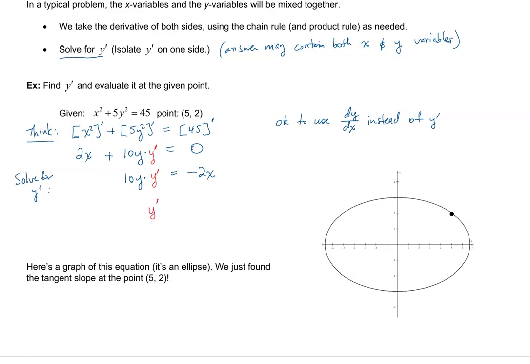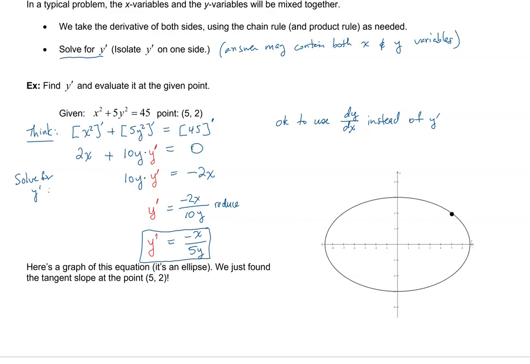So my answer would be y prime equals negative 2x over 10y. And then I can reduce a little bit, that common factor of 2. So for a final answer, y prime would be equal to negative x over 5y. There is our derivative. It does have x and y in it.